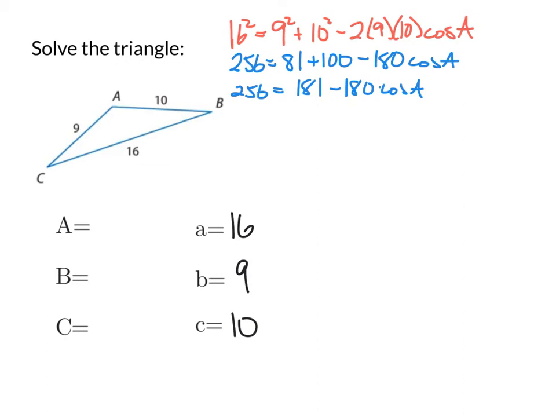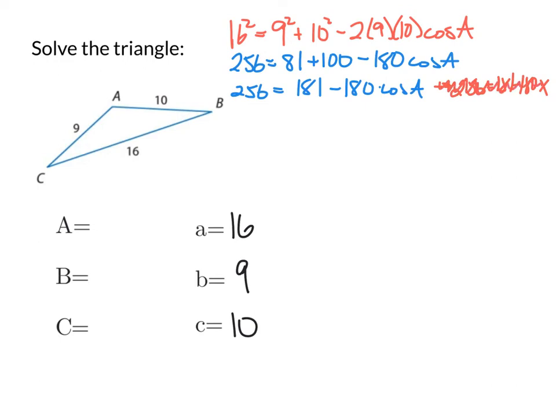We can't combine these two terms. We have to treat them separately. It would be very similar to having an equation that looked like 256 equals 181 minus 180x. You wouldn't combine those and say that there's only one x. So don't do that when we have cosine of A in there either.